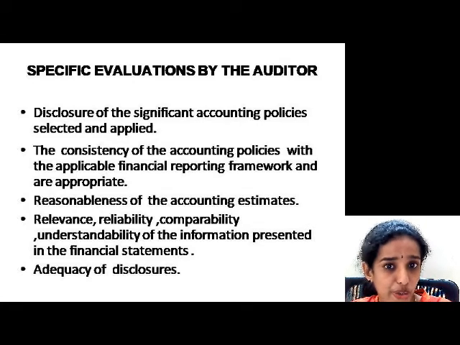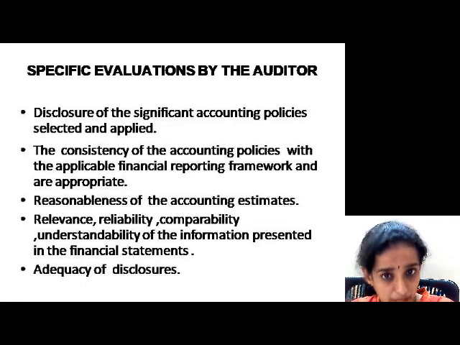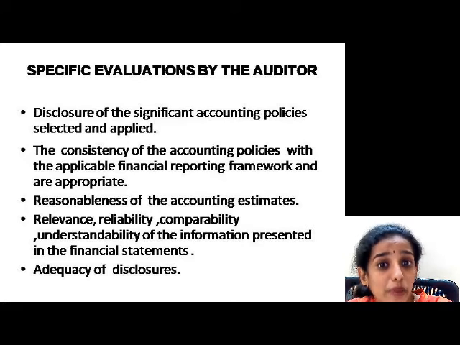I told you the applicable framework varies depending on the regulator. For companies, you have a specific format for the report. For banks, you have another specific format. So the accounting policies should be in line with the financial reporting framework.